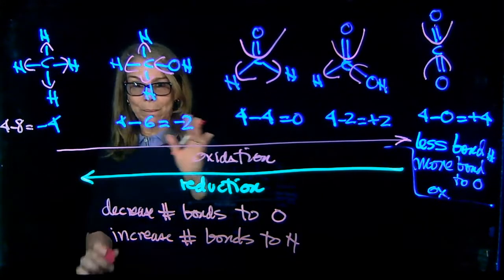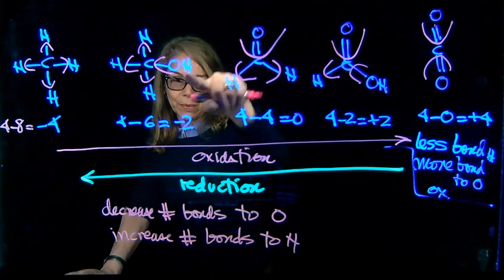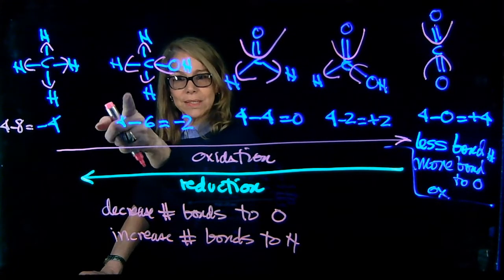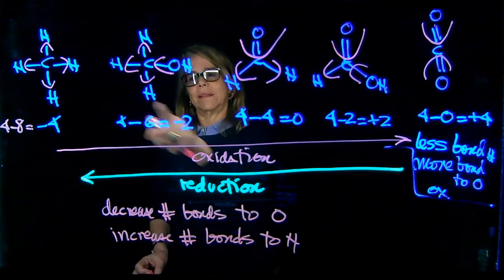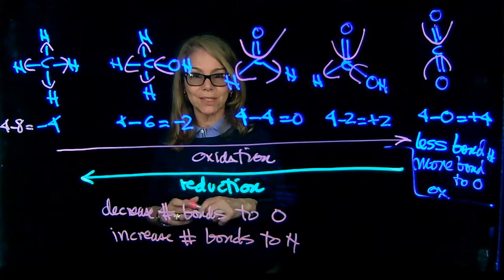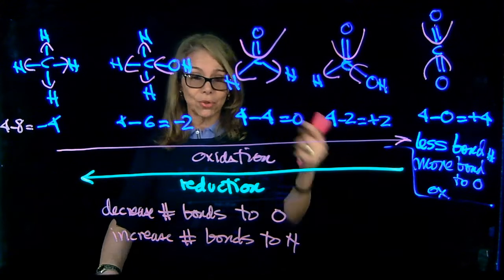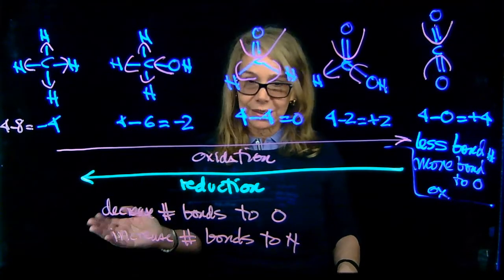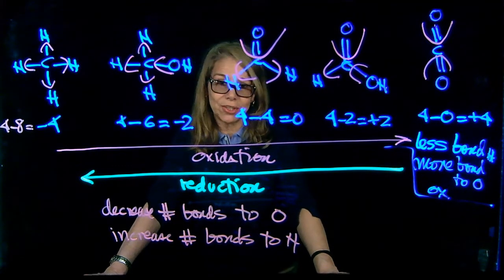So here, by inspection, we can say that because the number of bonds to oxygen had increased and the bonds to hydrogen had decreased, this process is an oxidation. So more bonds to oxygen is more oxidized, or more bonds to hydrogen is more reduced. And we're going to study now reactions that involve both oxidation and reduction.